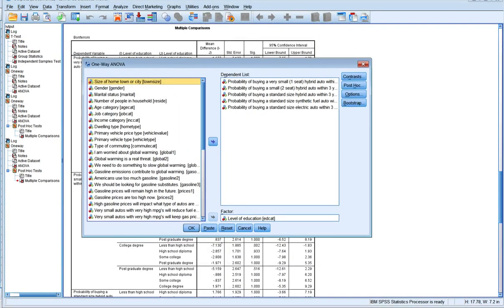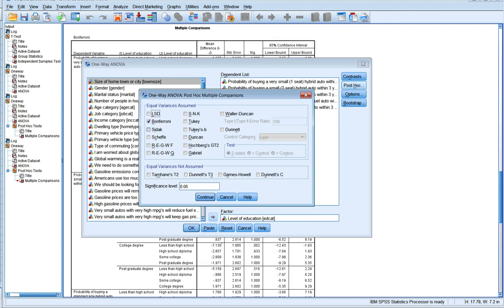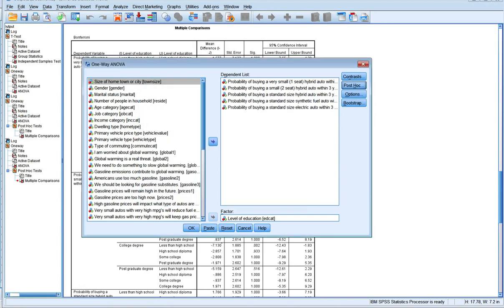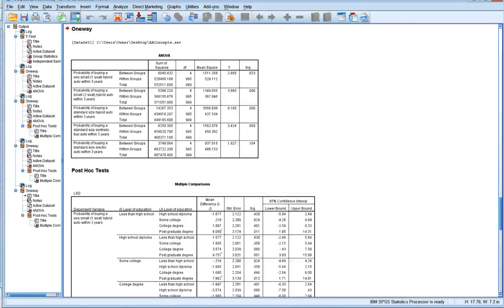I'll call the Anova dialog box again. This time I do not want the Bonferroni test, I want the LSD test.